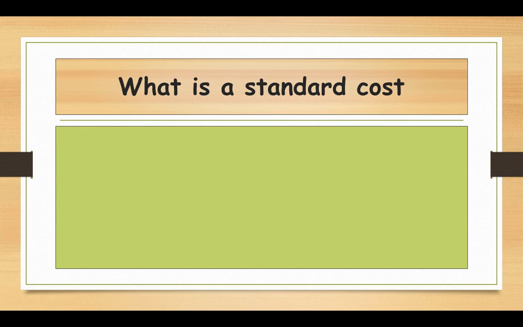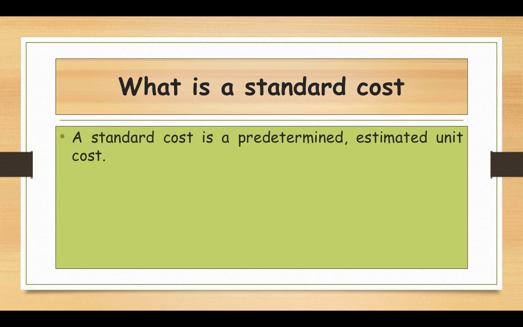We are going to see what a standard cost is. A standard cost is a predetermined estimated unit cost used as a base or target for the performance analysis of the divisional managers.